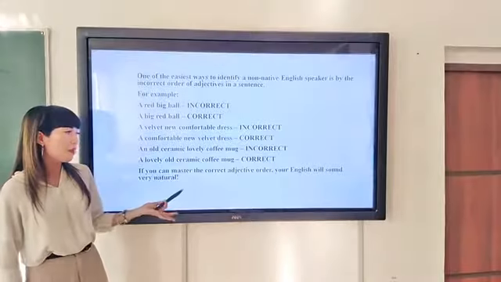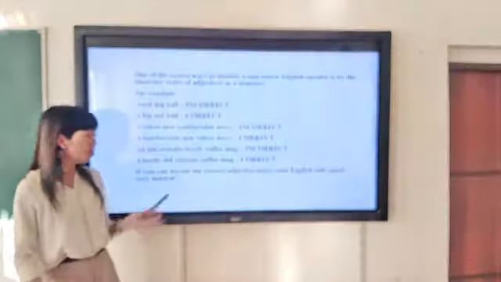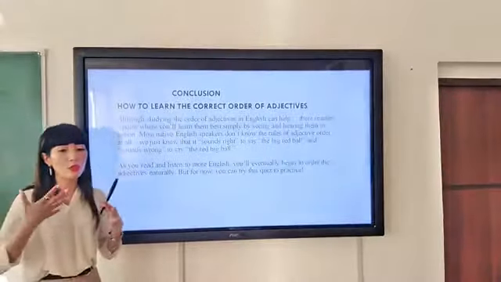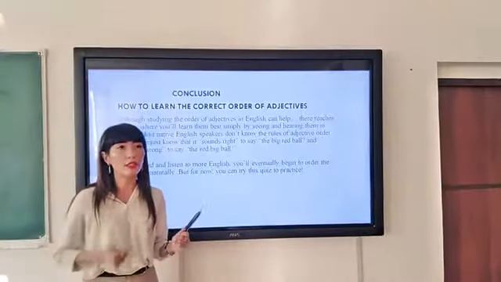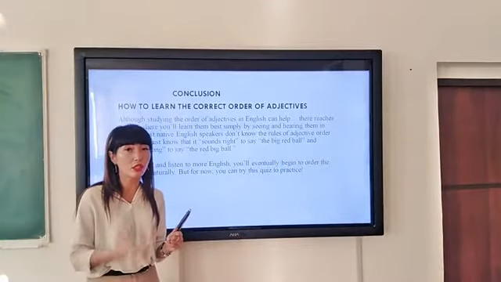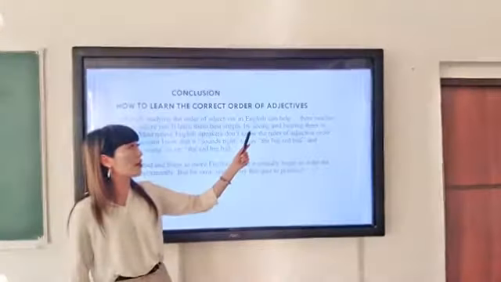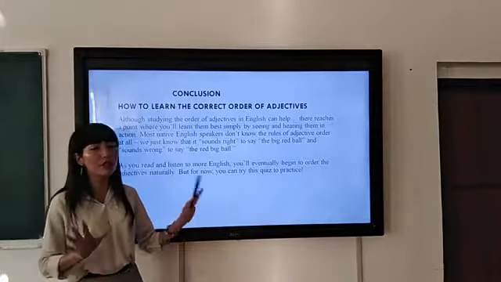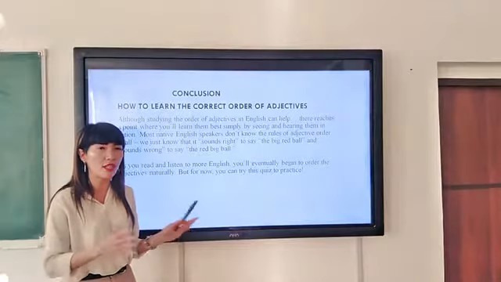If you can master the correct adjective order, your English will sound very natural. I want to say in conclusion that if you want to learn how to place the correct adjective order, you have to simply use them by seeing or hearing them in action. So most native English speakers don't know the rule about the correct order of adjectives at all.